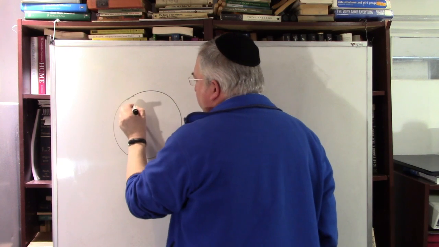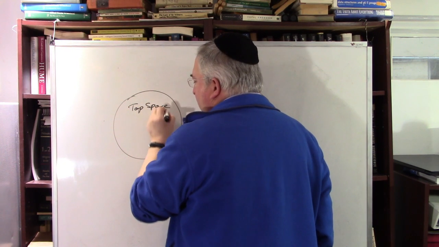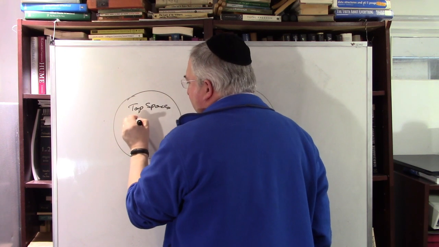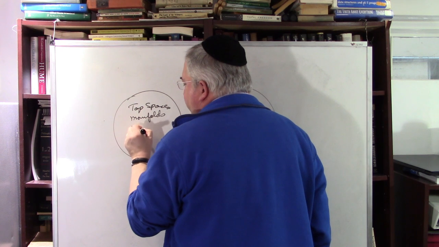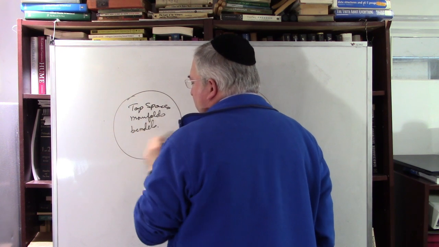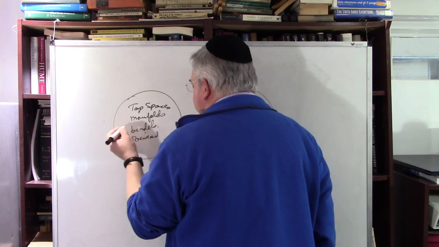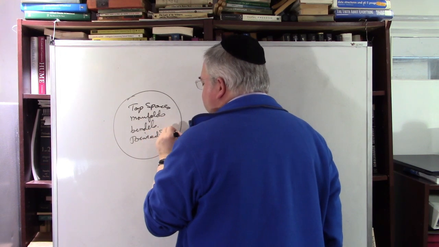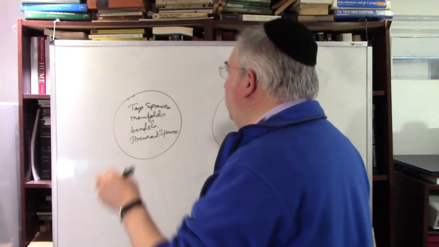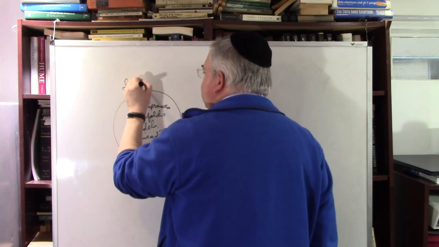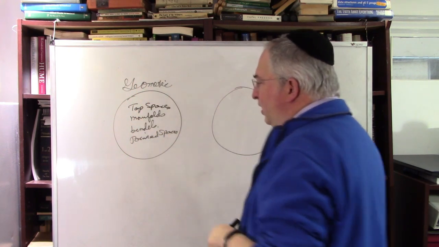And so these things were called topological spaces. Okay, and again, we're not interested in what they are. Manifolds, okay, bundles, pointed spaces, lots of different types of things that were here, and these are all geometric type of ideas, geometric type of things, okay?